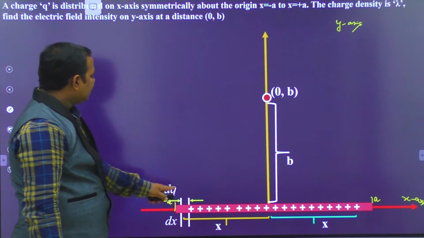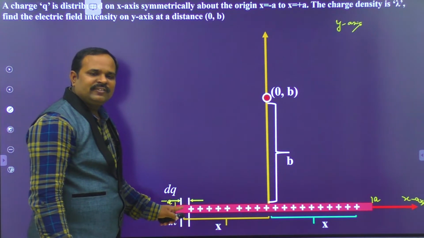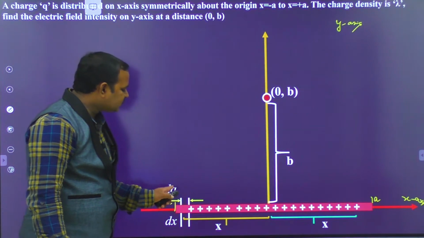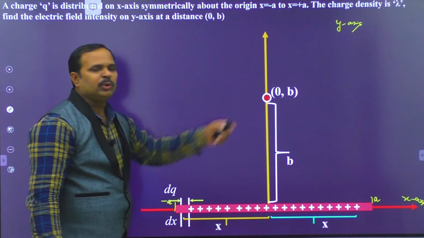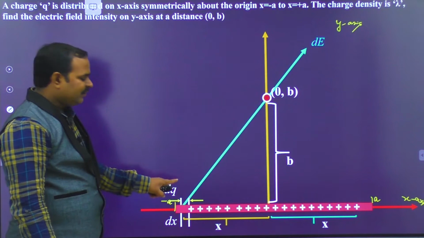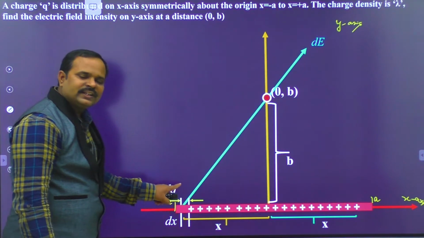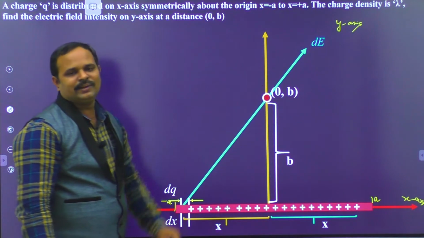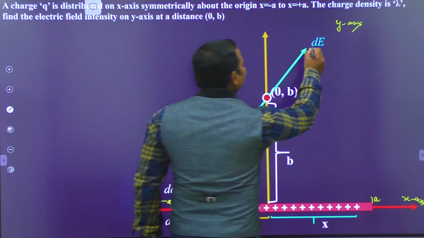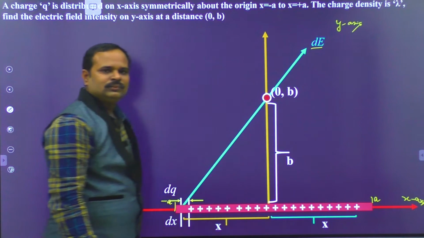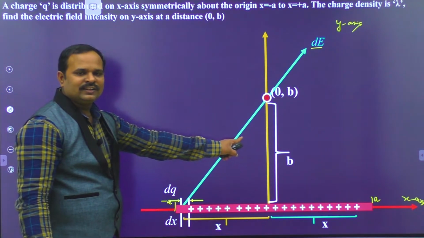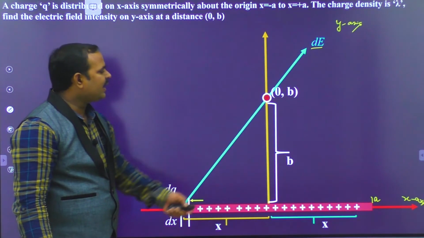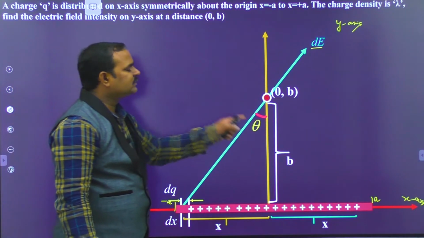Now let us find the electric field produced by the small charge dq at this point. This is the electric field dE. This electric field makes an angle theta with respect to the y-axis.